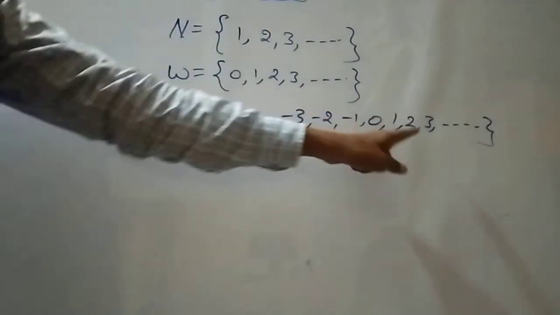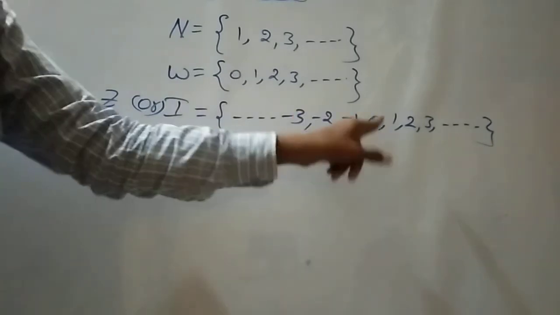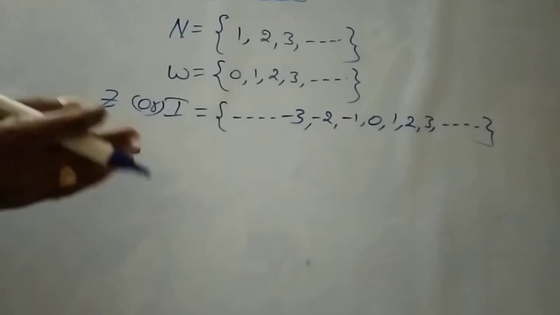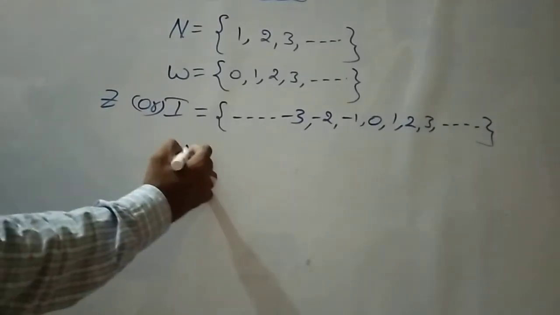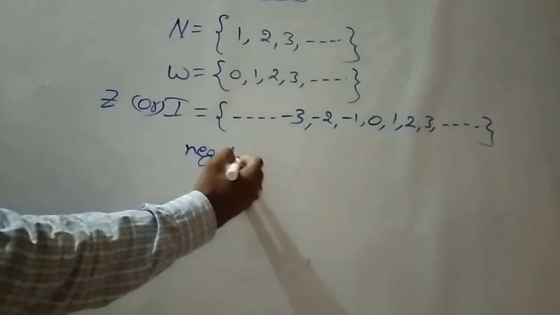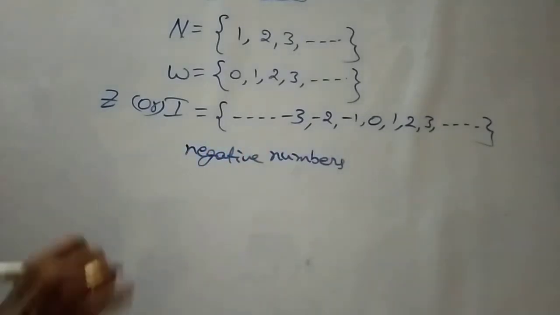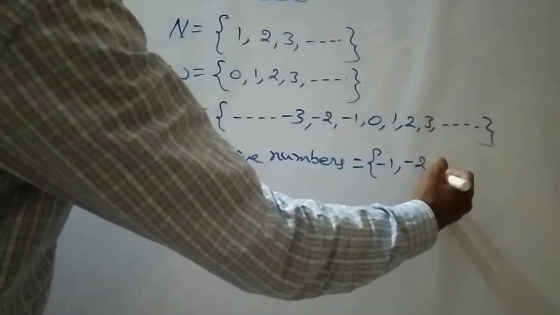Here, natural numbers and negative natural numbers, including 0. Now these integers are divided into two groups. Negative numbers, means negative integers, are -1, -2, -3, and so on.